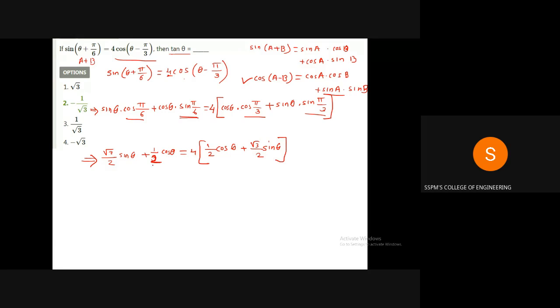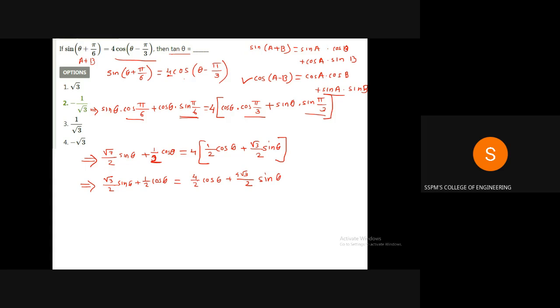Root 3 by 2 sin theta. Therefore, we have root 3 by 2 sin theta plus half cos theta is equal to, now we will multiply this 4 into the bracket, so we will get 4 by 2 cos theta plus 4 root 3 by 2 sin theta.